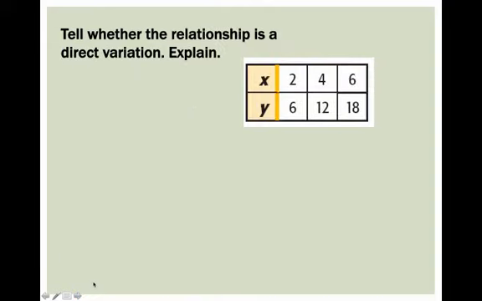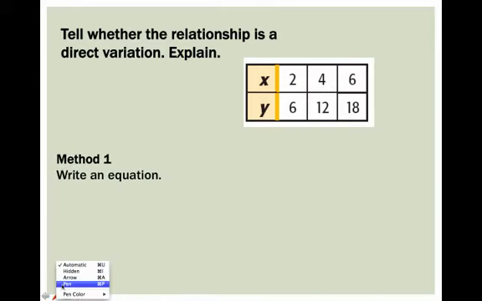So now I've got a table of values, and I want to know if this represents a direct variation. So the first thing I'm going to do is try to write an equation. Notice my x becomes y by multiplying by 3.